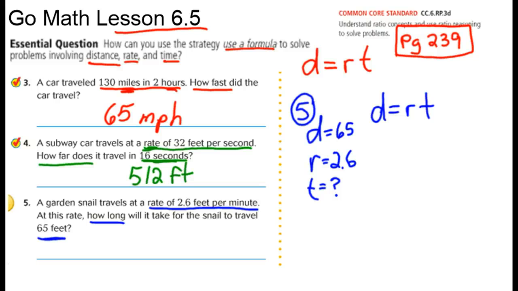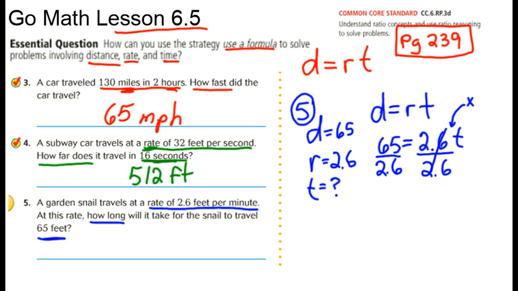We're now going to take this information, substitute it into our formula, and work through the steps. I'm going to replace D with 65 equals R of 2.6 and then T. Now, again, similar to question 3 up above, we're going to see multiplication in here. So we are actually going to do division to work this out. Divide both sides by 2.6.